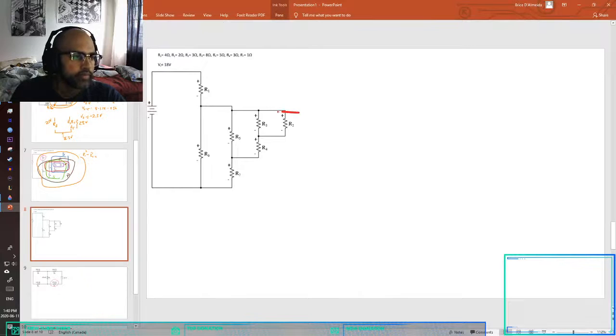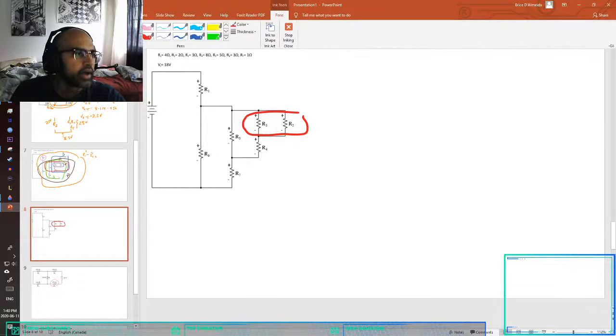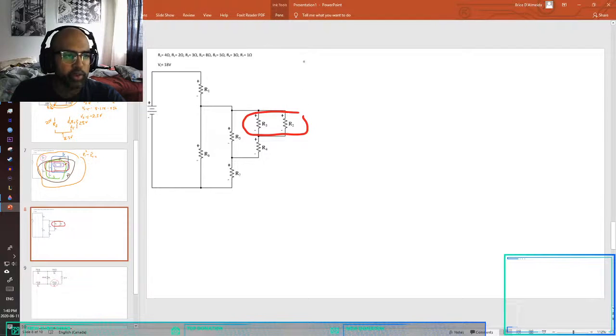In red, let's combine these two. They're parallel with each other. So let's start off here: 1 over R2, R2 is 2 ohms, plus 1 over R3, R3 is 3 ohms. Wonderful. 1/2 plus 1/3 is equal to 5 over 6.